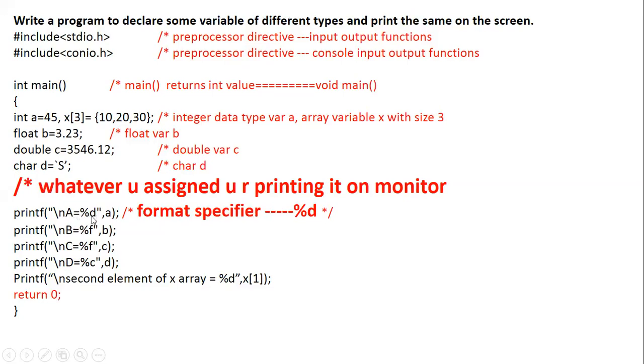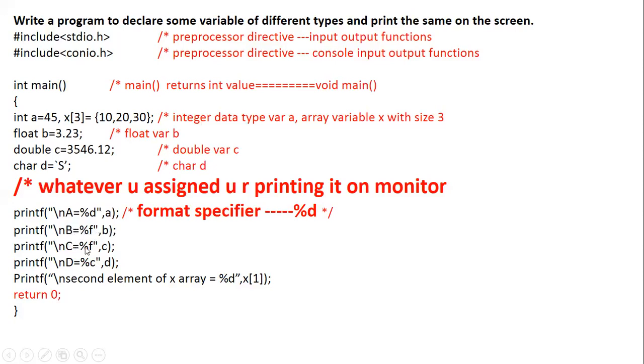A is equal to percentage d, and it is a you are printing, so you write comma a. Same thing, you are printing the b value. Backslash n means on the new line. On the new line you print b is equal to percentage f, because you are using it for the float variable, comma b, because you are printing the value of b.